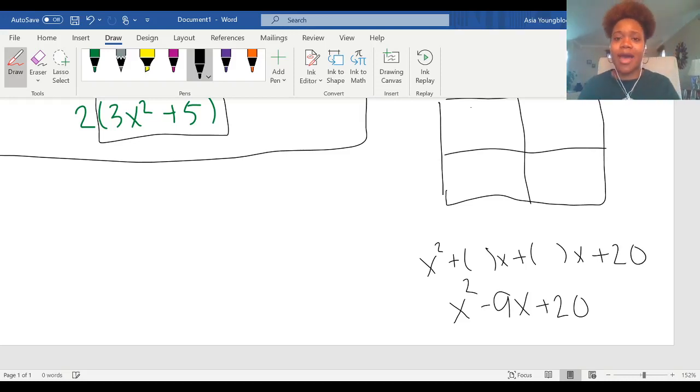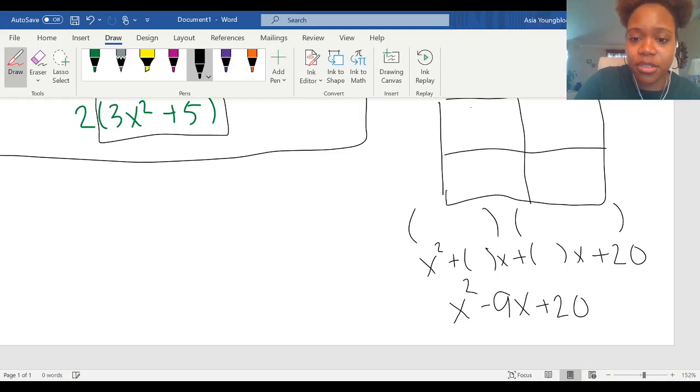We normally have to combine like terms and we're multiplying. And to get these 4 terms, we have to multiply 2 binomials. So we have x plus or minus something times x plus or minus something. And we'll figure those out in a moment. So right now we'll just put plus signs and we'll change them after if we have to.